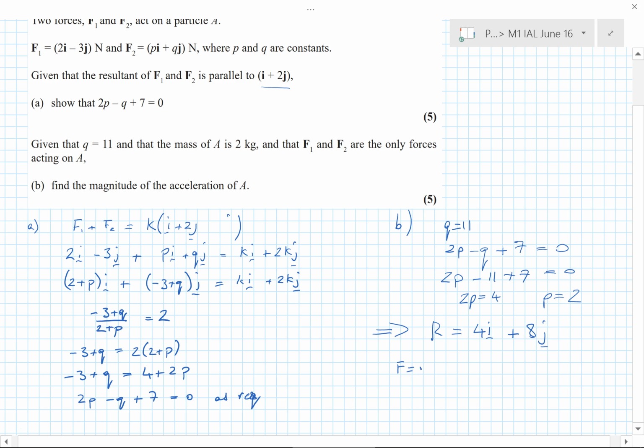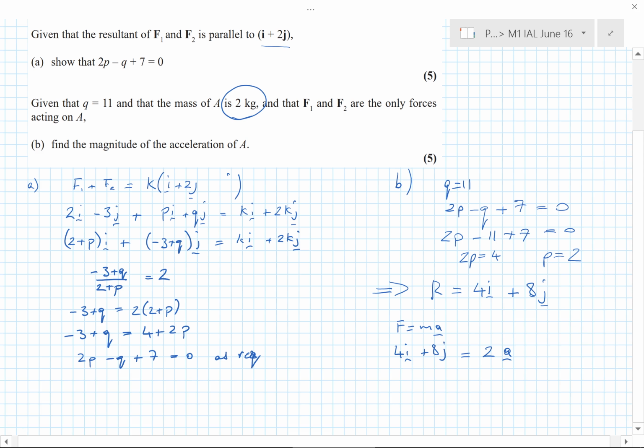If we use F equals ma to work out the acceleration, we have 4i plus 8j equals the mass, which we're given as 2 kilograms, times a. So that gives me the acceleration is equal to 2i plus 4j. Now don't fall into a trap that many of us do.